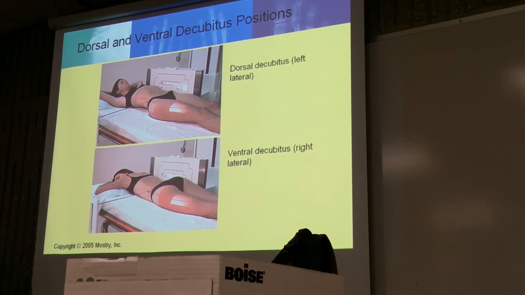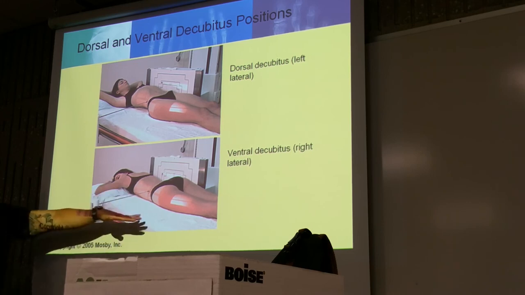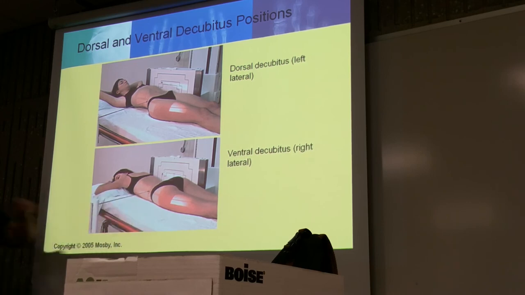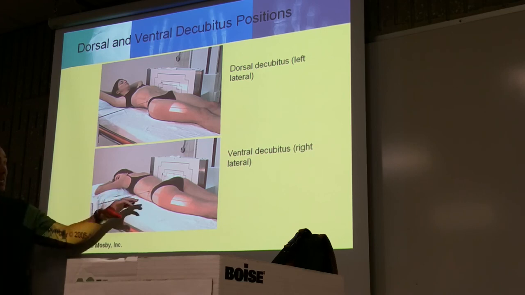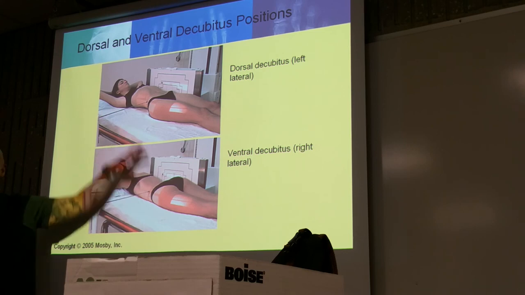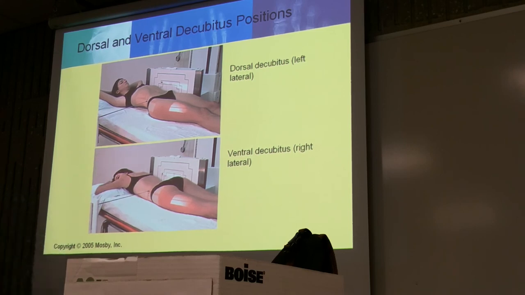And then here, face down, ventral decubitus, lateral projection. Why would we be taking this type of X-ray? Same thing, air and fluid levels. Now, if we were doing the abdomen for this particular study, we are looking for an aortic aneurysm.